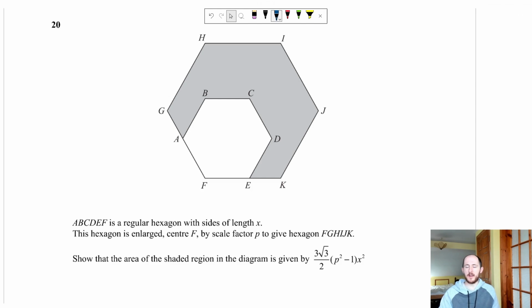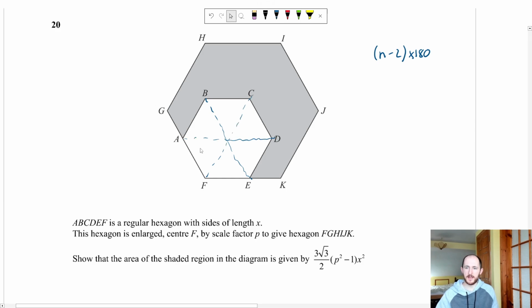If you've ever done, and I recommend looking up the derivation of this formula here, that's where it comes from. The fact that these shapes are all just made up of equilateral triangles. So, if you have a look, I'm going to draw dotted lines here, just to show you what it looks like.